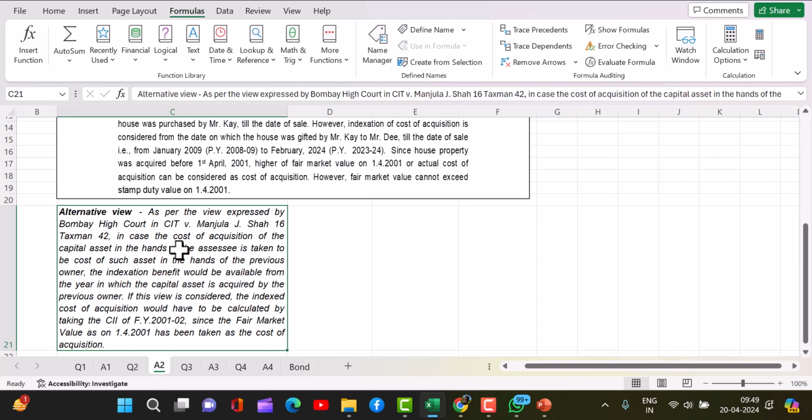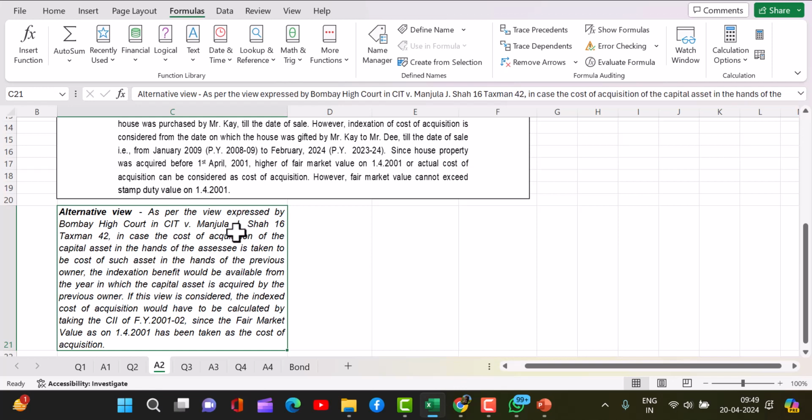But suppose you are filing the case in Delhi, for a property at any place other than Maharashtra, and you take this view and file your return, they can issue a demand, and you have to go for a case against them, and then the matter will be decided again in the High Court of Delhi or any tribunal.